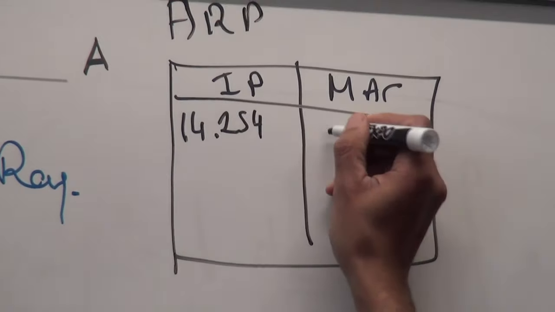So now the router will pick that. Even though B will see it, only the router will pick this. It will say this is for ARP. Then ARP will see if it's for me. Yes, it's for him. Remember, that's the response now. Then it records it in its cache.